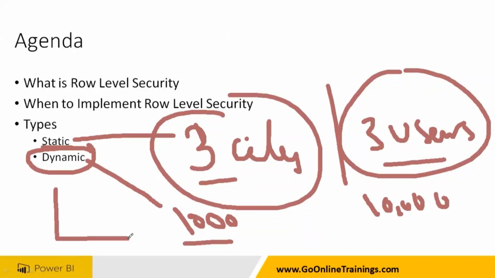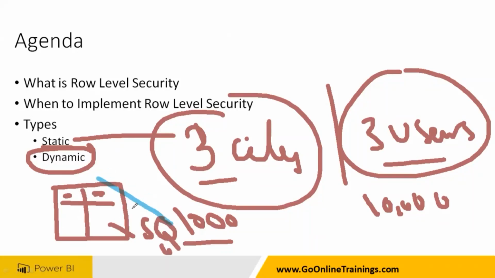In this, what we do is create a table. In that table, we put all cities or all products, whatever you would like to have, and all the user IDs. This could be a SQL table or an Excel sheet, or it could be a flat file also.